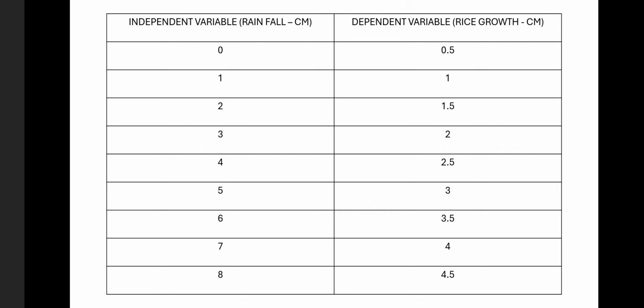But when the rain grows by 1 centimeter, the rice grows by 1 more centimeter. And when the rainfall is 2 centimeters, the rice grows to 1.5. It means the rice is growing 0.5 and 0.5 more, while the rainfall is increasing 1 centimeter extra.